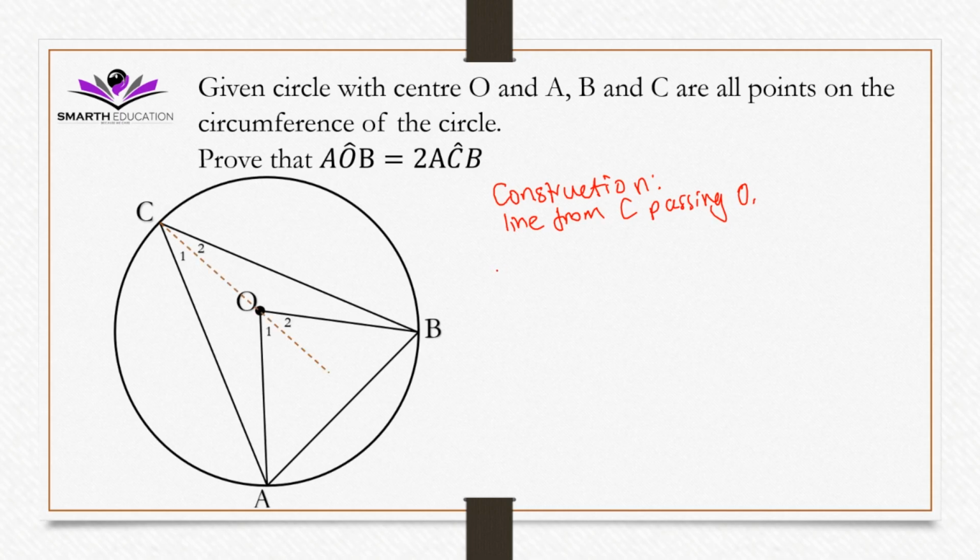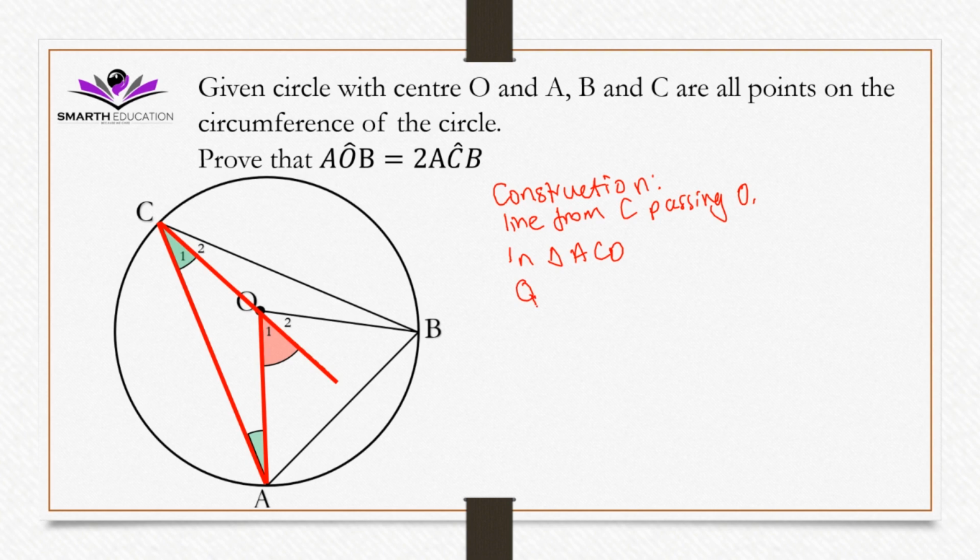And then let's start with triangle ACO. In triangle ACO, let me just highlight the triangle. This is triangle ACO. What you see here is that O1 is the exterior angle. So it means O1 is equal to C1 plus angle A. So let's write that.